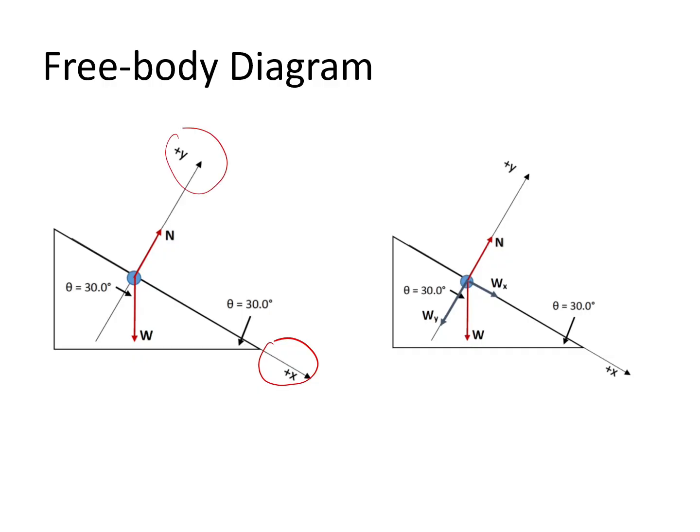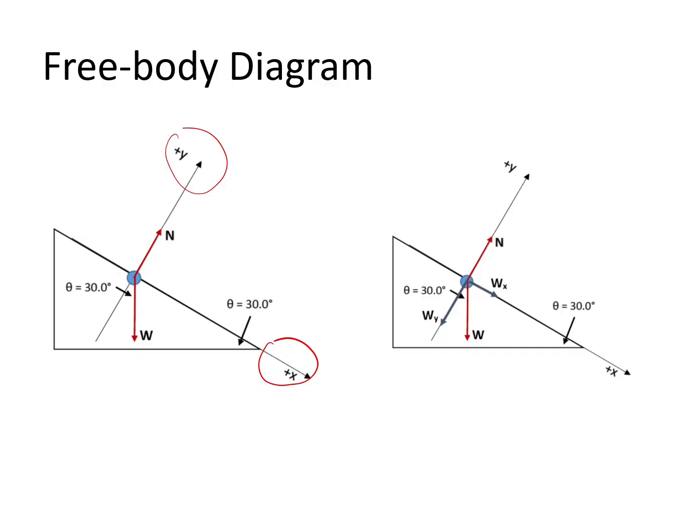Now, as you notice, this coordinate system is rotated, but a coordinate system is something that we define, so we can define it any way we want. In this case, it makes it easier for us to solve the problem if we rotate the coordinate system so that the x-axis is along the inclined plane. When you do that, our motion is only along the x-axis, so it's easier for us to work on it.